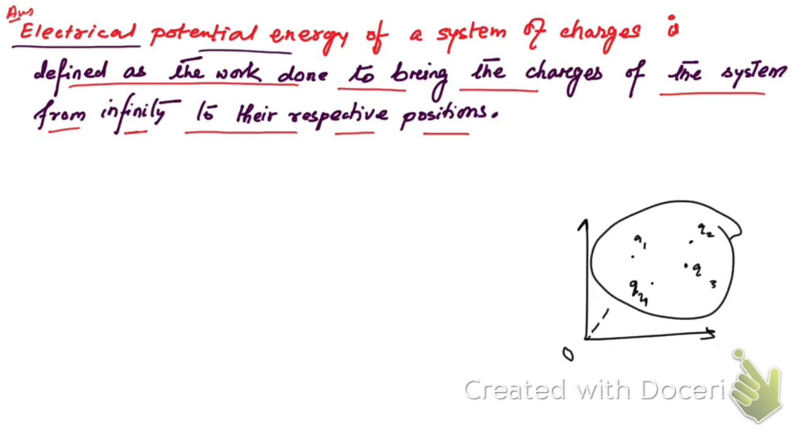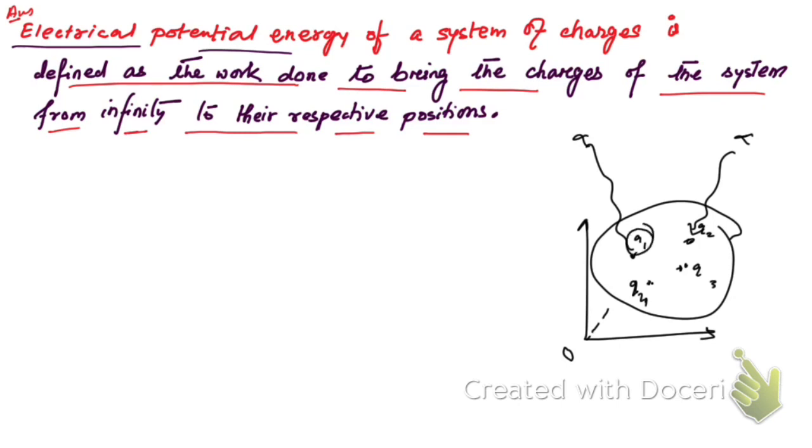So that is going to be the sum of work done required to bring each and every charge from infinity to their respective positions. That means wherever they are at present. To bring them to these positions from infinity, how much work should be done?